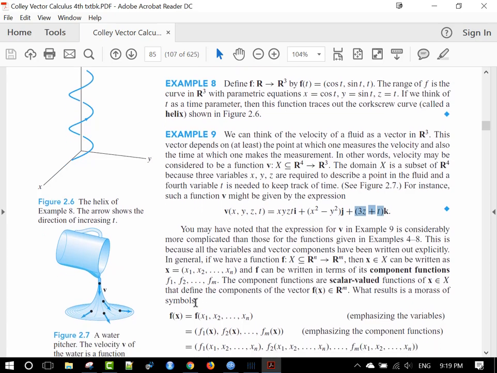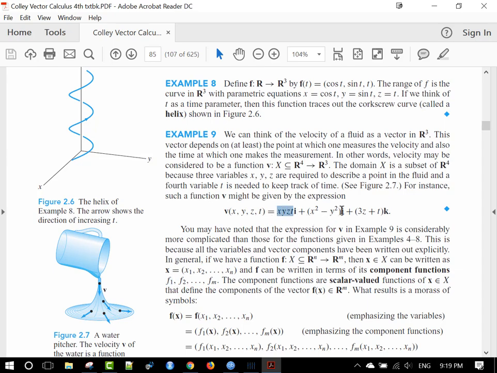So we can say that if f goes from Rn to Rm, and then you see the bold F, that means that it's vector valued, and that means that m is not 1. So we can think of it in terms of the component functions. So f1 is called the first component function, and that's here.